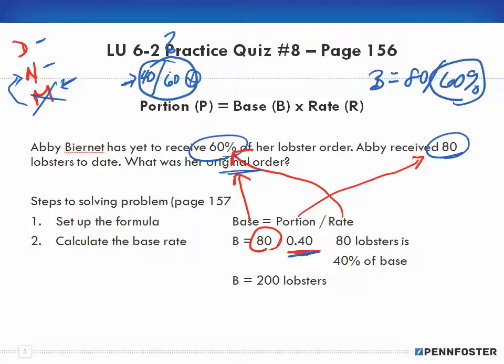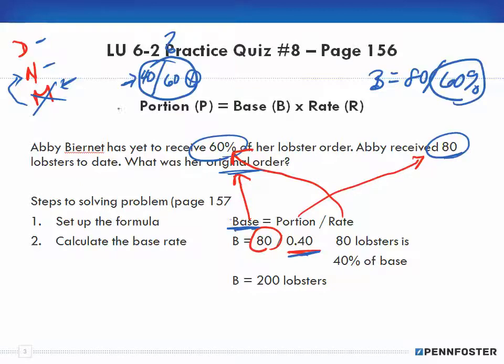Now I don't know how much this order is, because that's what we're trying to figure out, the base, the total amount. But the word base is not intuitive to me to say, oh, this is the total that I'm trying to figure out. Base means something underneath. So terminology-wise, it's not a good term as far as I'm concerned to describe what you're doing. It's not very intuitive.